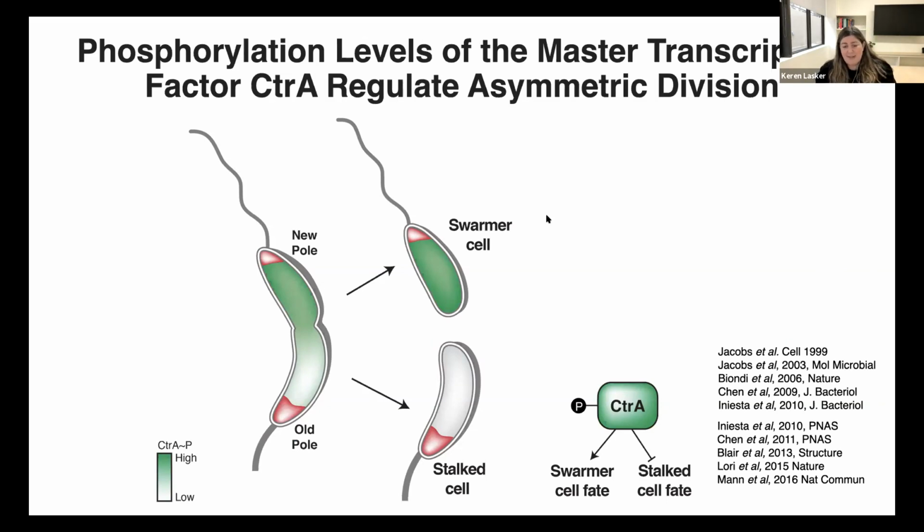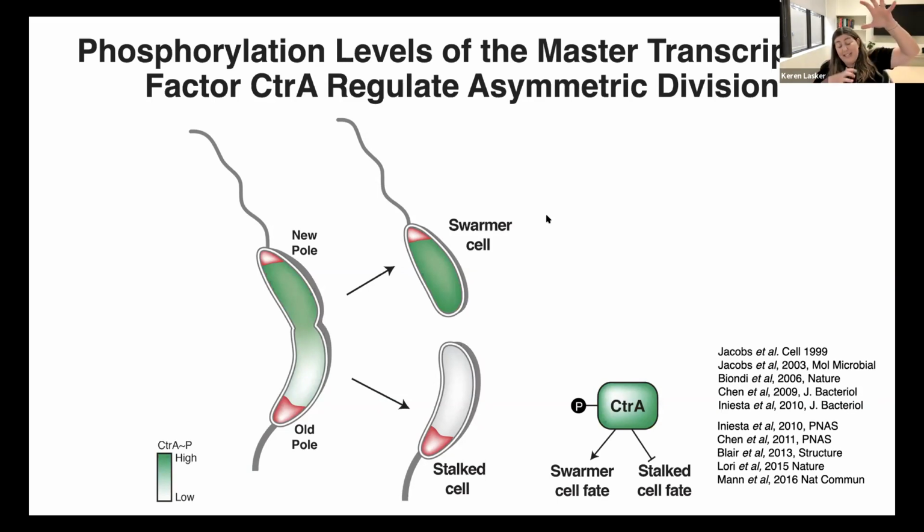So it turns out that what largely determines a swarmer cell versus a stalk cell is the availability of a master transcription factor, CtrA. Active CtrA, which means phosphorylated CtrA, would promote the swarmer cell and inhibit the stalk cell.